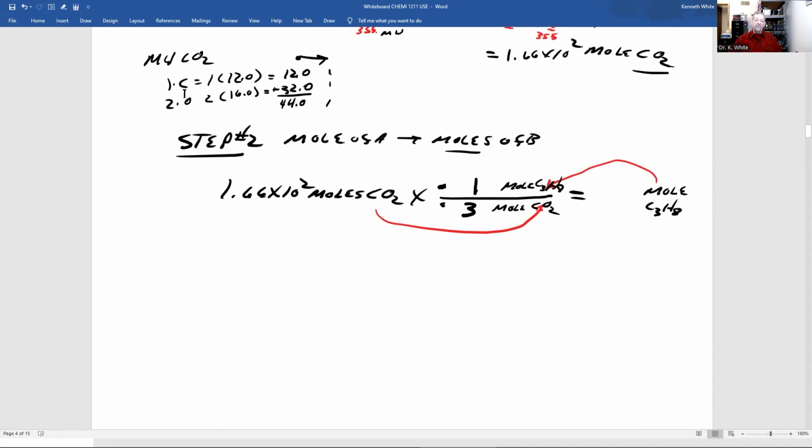And now before I pick up my calculator, notice moles of CO2 divided by moles of CO2. Anything divided by itself equals the number 1, cancels out. We're left with moles of propane, which is what we want. So now I'll turn on my calculator. 6.22 blue double E 2 divided by 3. Oh, my calculator gives me this number.